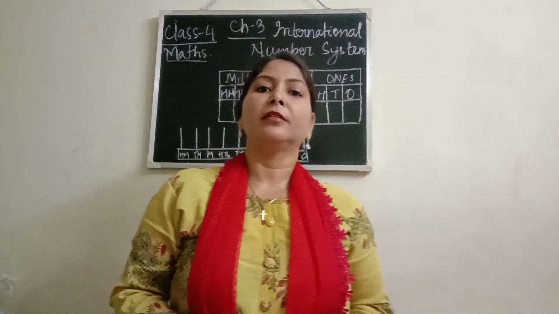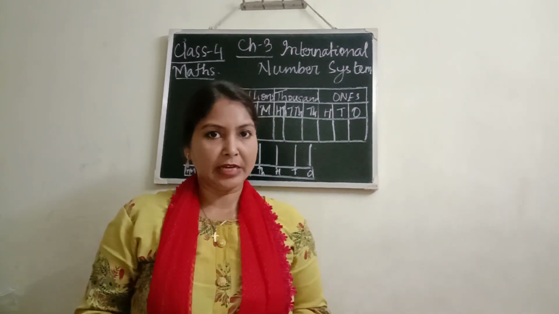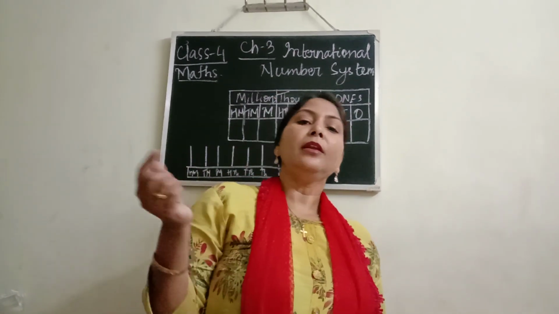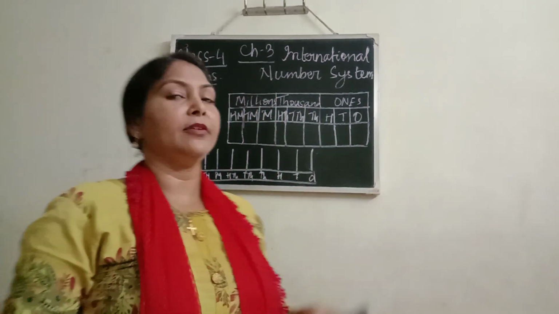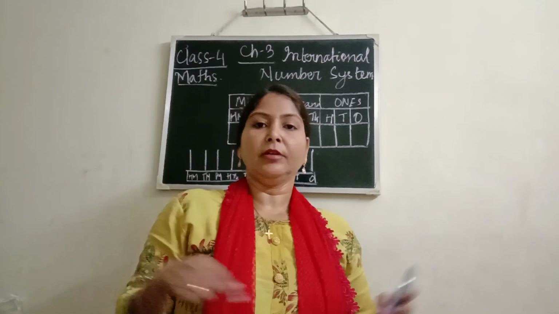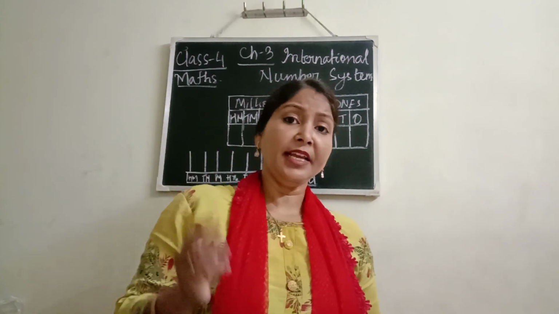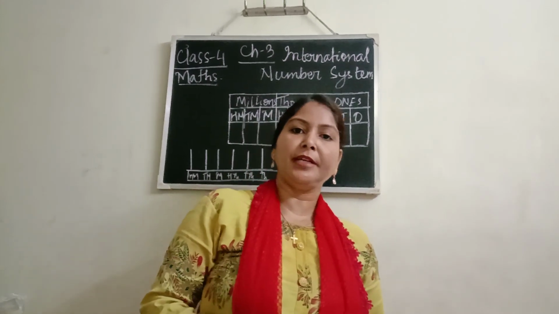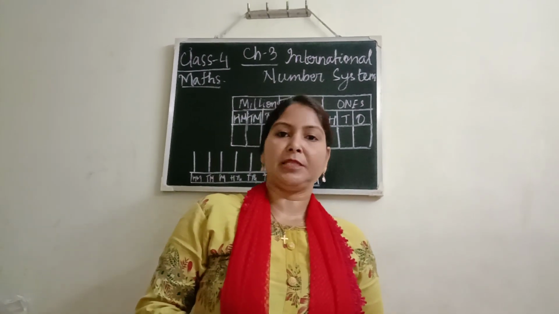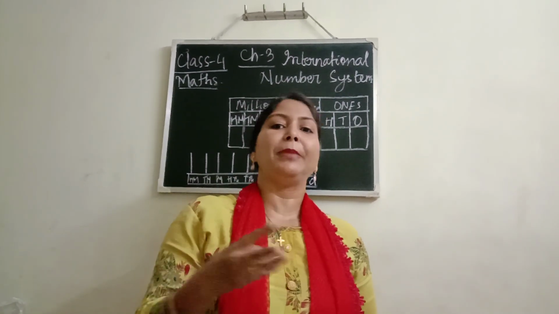If you remember, we have done how many periods there are in the international number system and what the different place values are. So you see here I have already written the international number system. Basically, in the international number system we have 3 periods: ones period, thousands period and millions period, and each period is divided into 3 place values.